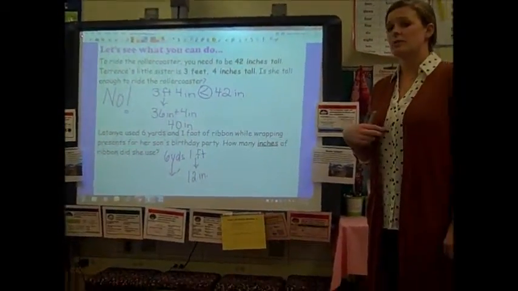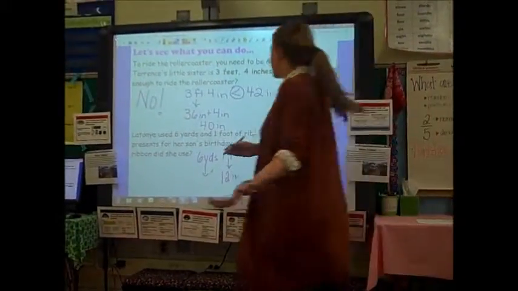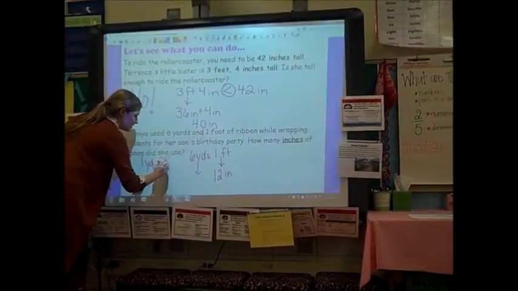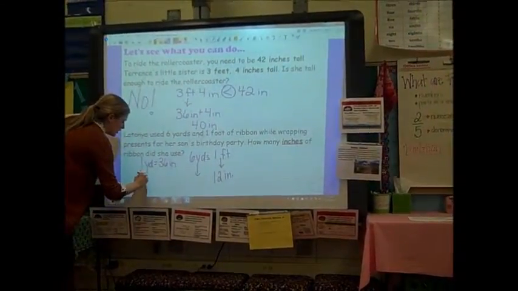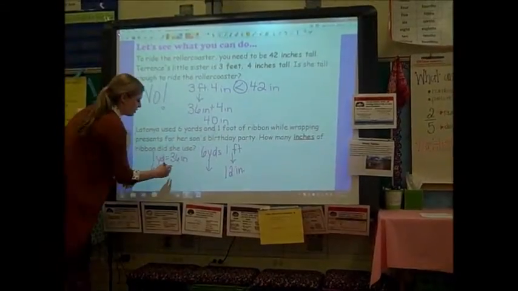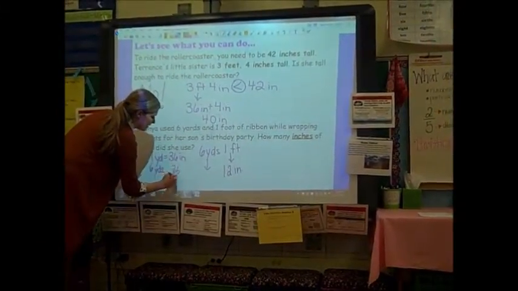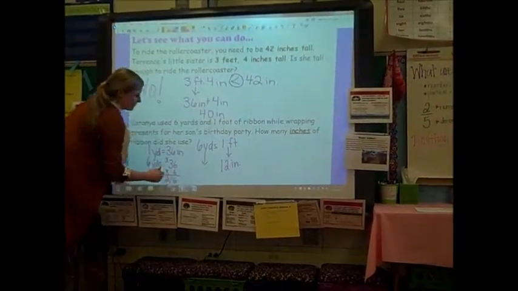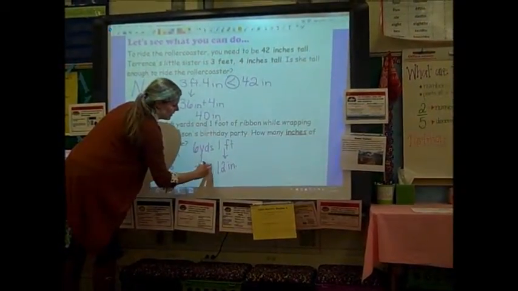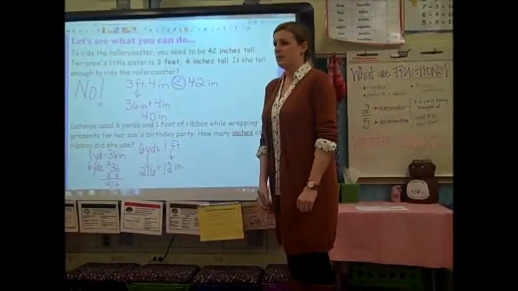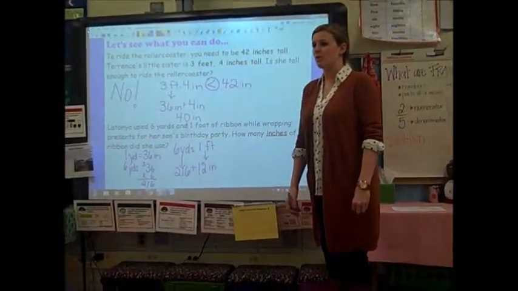Or in 6 yards? Multiply by 36. If I know that 1 yard is 36 inches, that means that 6 yards is 6 groups of 36. So you would do 36 times 6, and what did we get for that? 216. Add them together, and you'll get your total number of inches. Just have to convert back and forth.